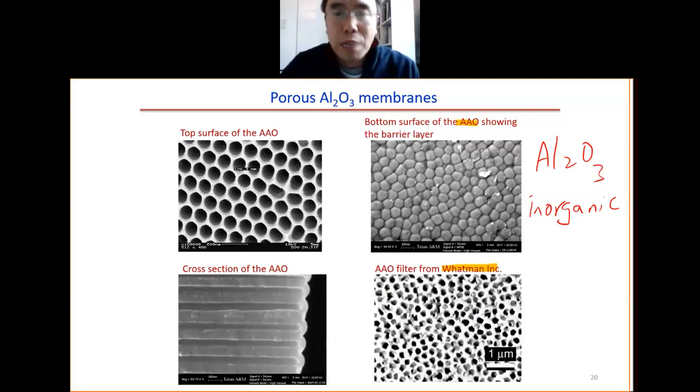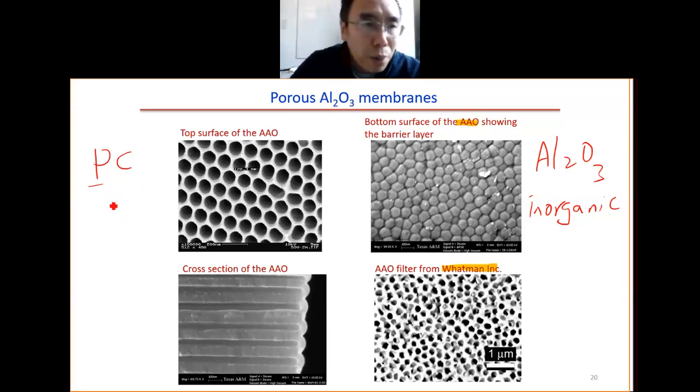Some solvents may attack aluminum oxide, but most will not. So this is an advantage. The other popular material for filters is polycarbonate.